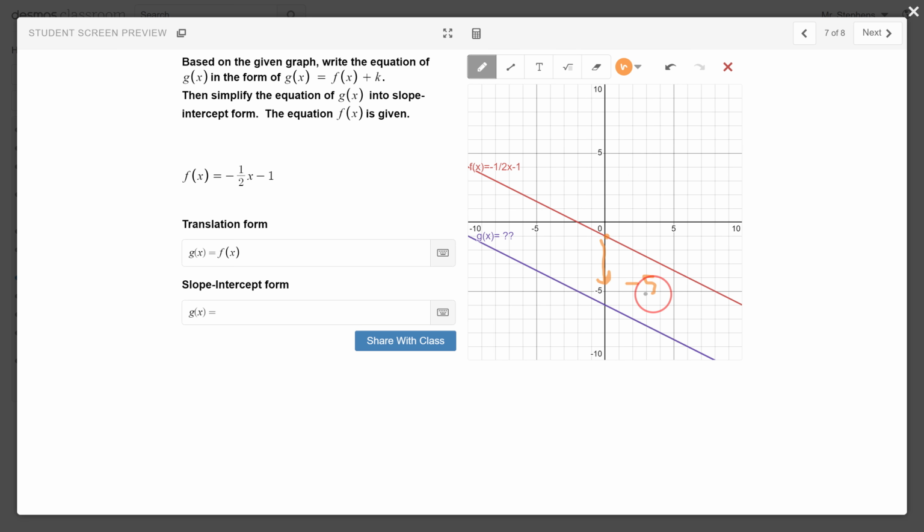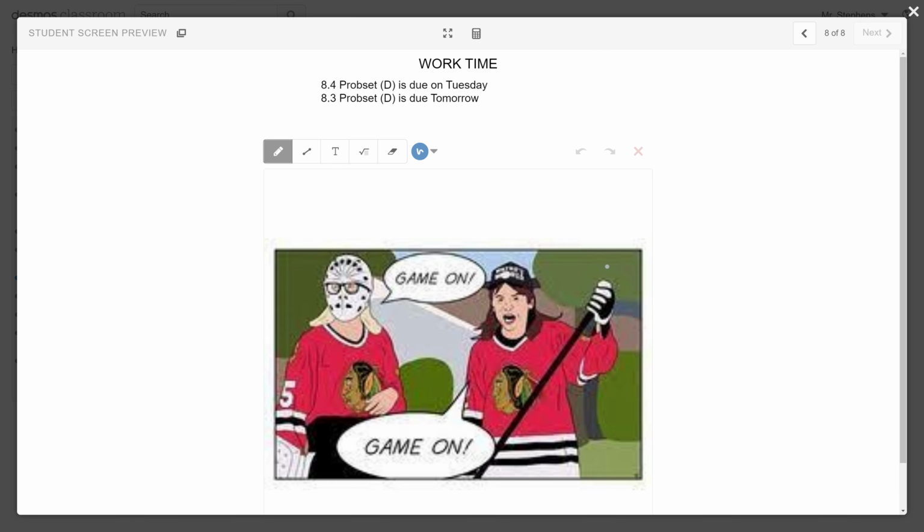It's coming down 5, right? So if I take away 5 from this, what do I get? I get negative 1/2 x minus 1 minus 5, which is minus 6. Yeah, okay, duh. It's minus 6 because there it is. It's negative 6 for the y-intercept. That's what we get. Okay, slick. All right, you guys.